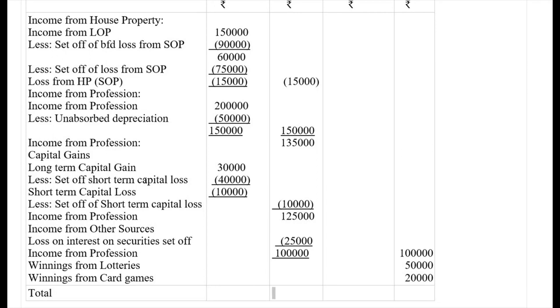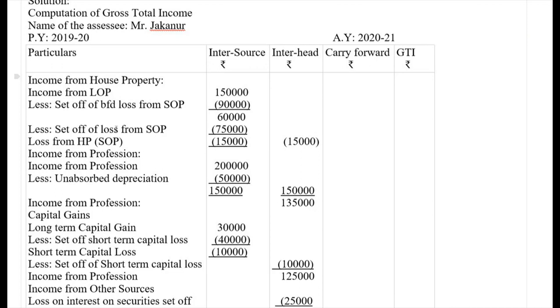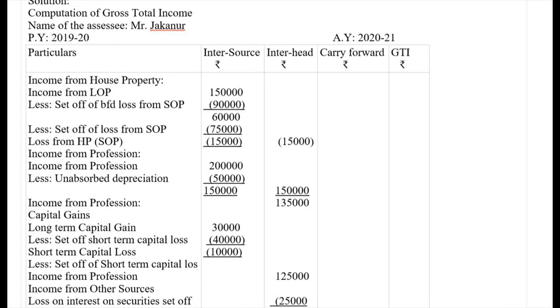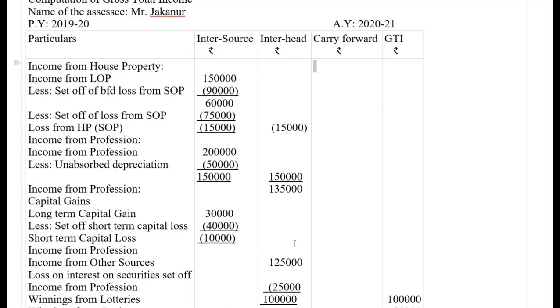Dividend from Indian company is exempt from tax here. Oh sorry, we committed a mistake here. This loss cannot be adjusted here. So this is short-term capital loss. Sorry, this 10,000 will be taken here.